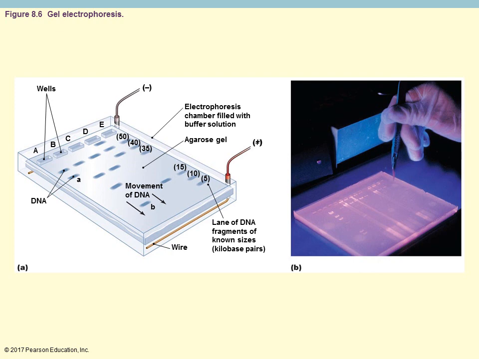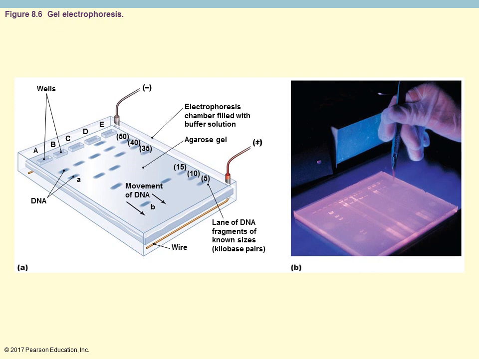So as the fragments separate, once you have turned the electrical current on, you'll see those numbers in parentheses in column E are showing the different size of the fragments. So the smaller ones move fastest. And then your samples that are placed in the other wells, as you can see, you get different banding patterns, and you can line them up to get a relative idea of how large each of those fragments are.